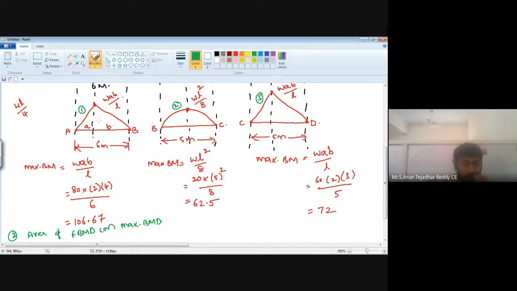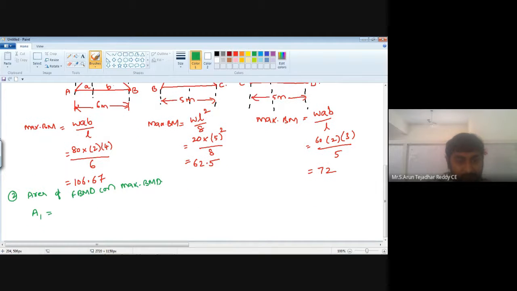You can observe clearly that the first diagram looks like a triangle shape. The second diagram looks like a parabolic shape. The third diagram looks like a triangle shape. It means we need the area of a triangle and the area of a parabola. That's it.